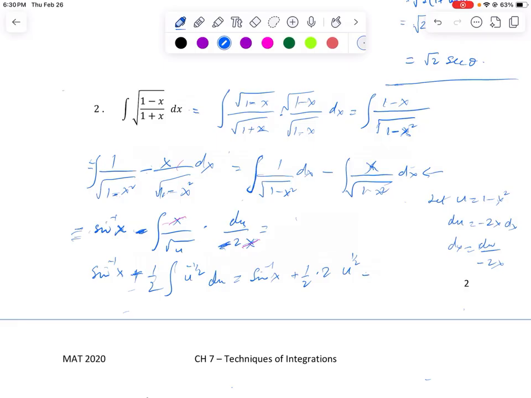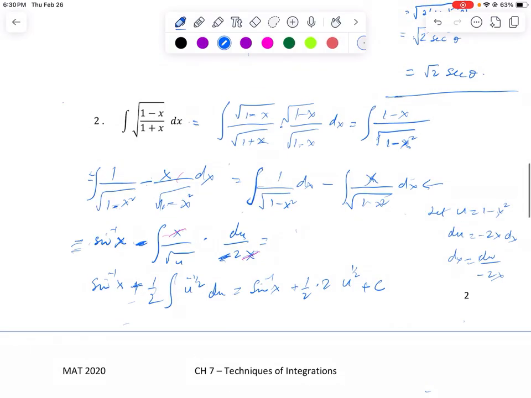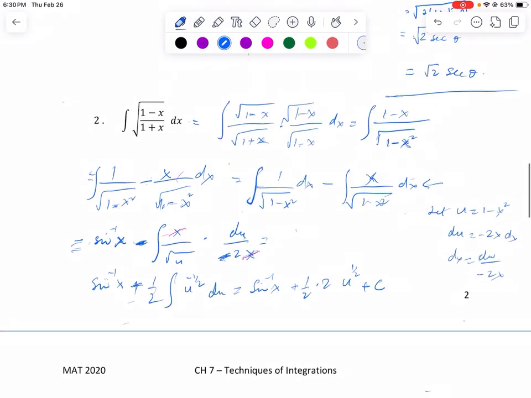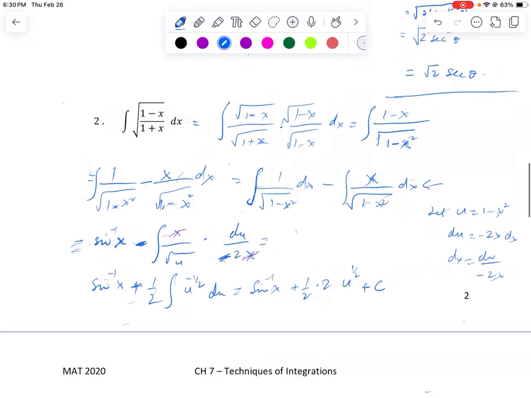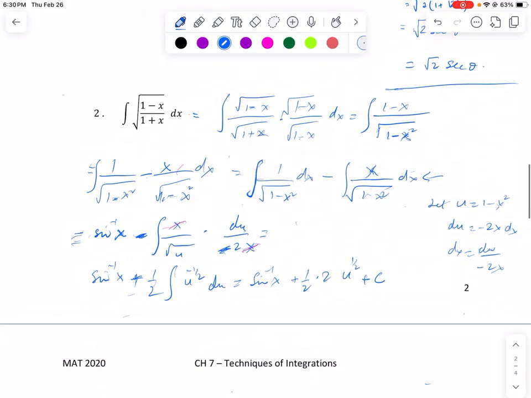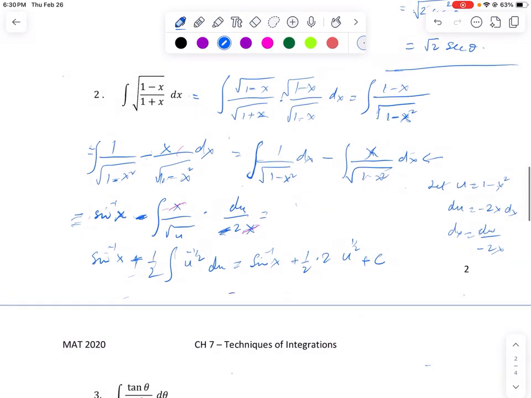And then plus c. Now we just go back, replace u by 1 minus x squared. So the final answer is sine inverse x plus square root of 1 minus x squared plus c.